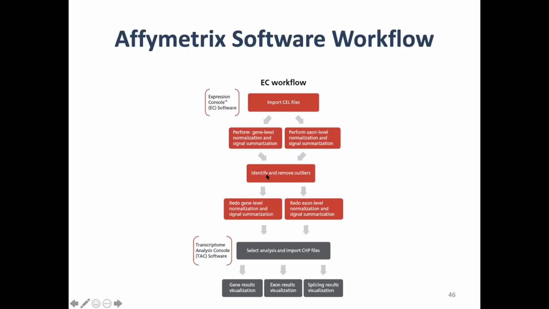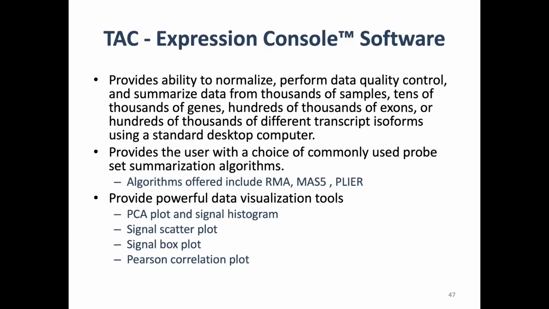Then identify and remove the outliers, and then redo the same thing and select the CHP files, that is import the CHP files, the signal files, now after cleaning. Then you do differential expression analysis. So you do alignment, you do mapping, and then you do differential expression analysis, you do pathway enrichment, pathway analysis, and you visualize it.